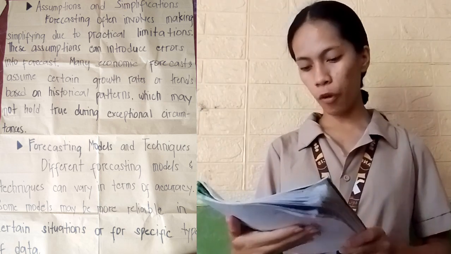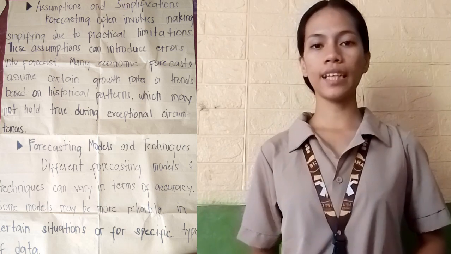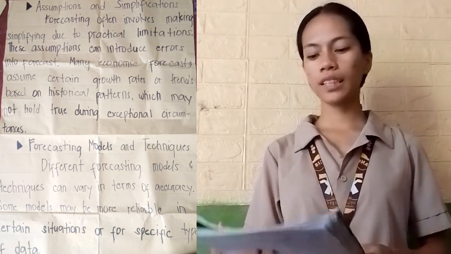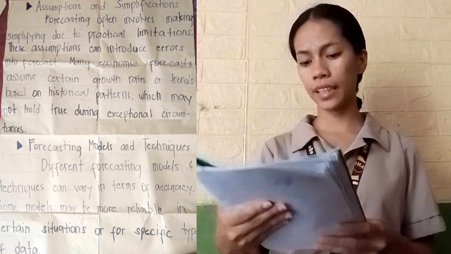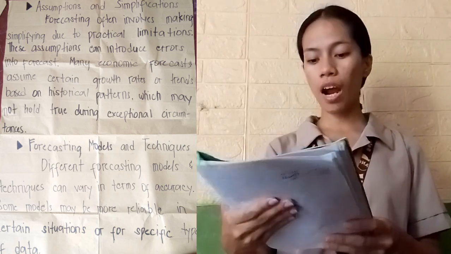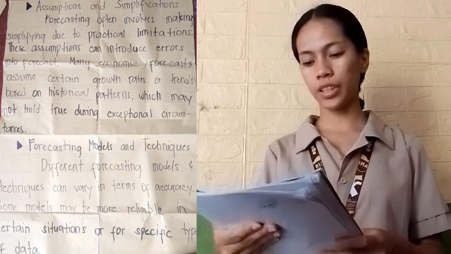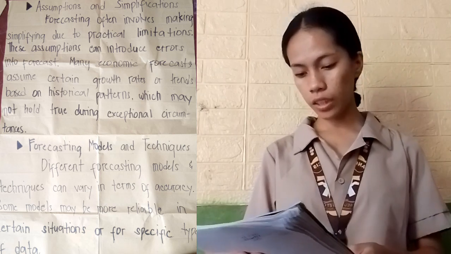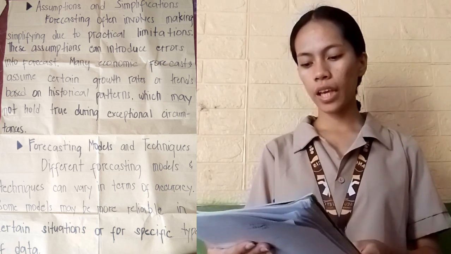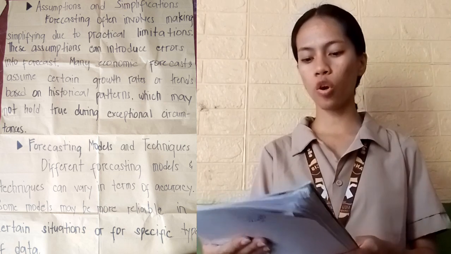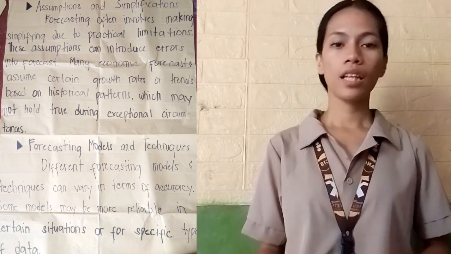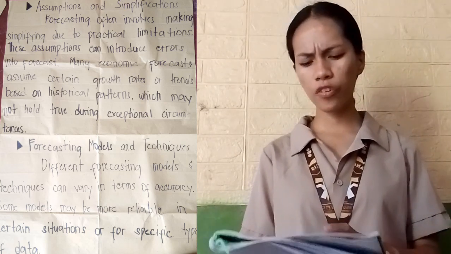Number 4 is forecasting models and techniques. Different forecasting models and techniques can vary in terms of accuracy. Some models may be more reliable in certain situations or for specific types of data.